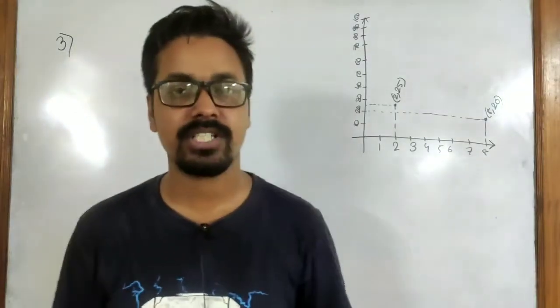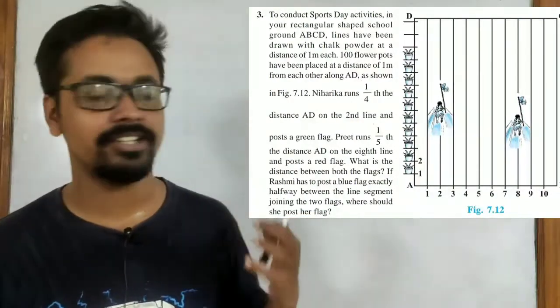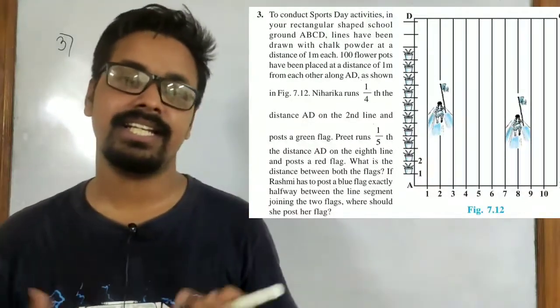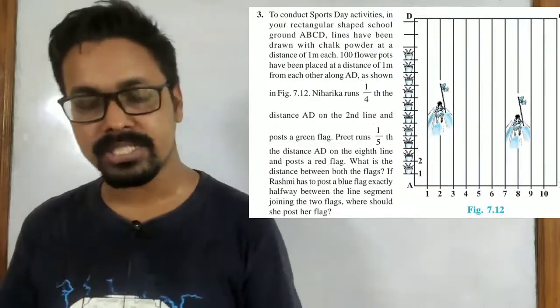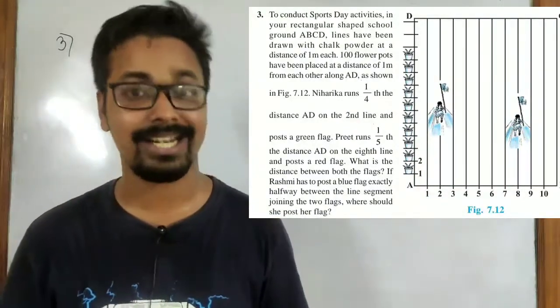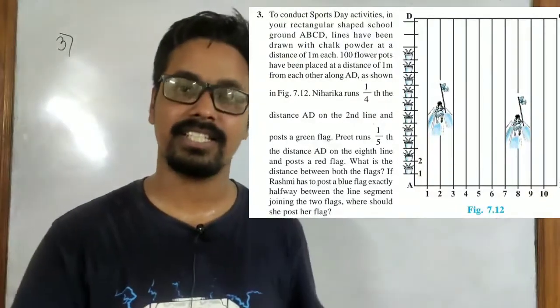So we are on question number 3, and I will put up the question here because it is a long question. If I write it on the board, it will take up the whole board. So here it is given that in a track where there are 8 columns, they have placed flower pots at a distance of 1 meter from each, and there are 100 flower pots. So that means each flower pot means a distance of 1 meter.